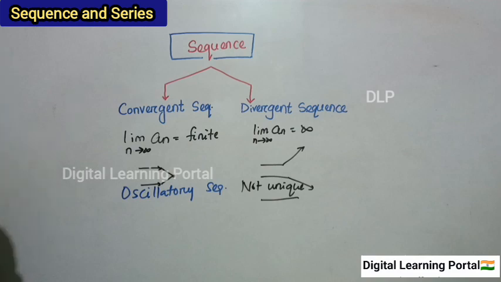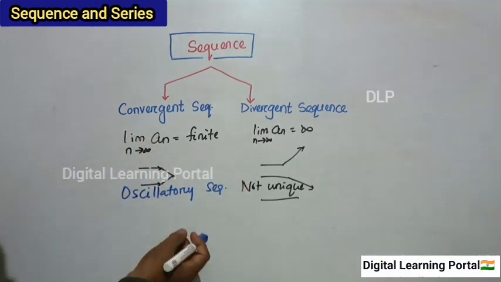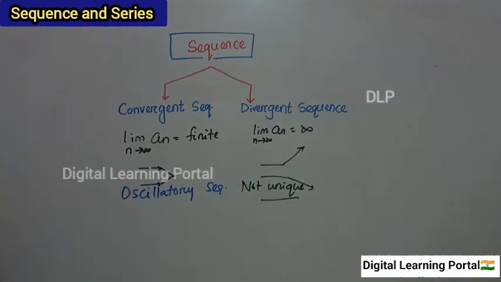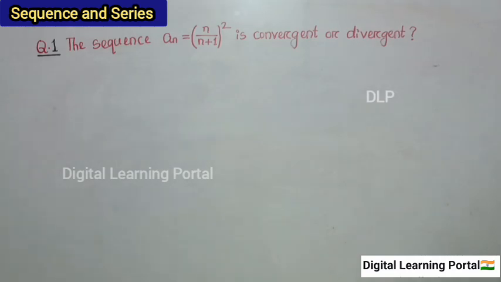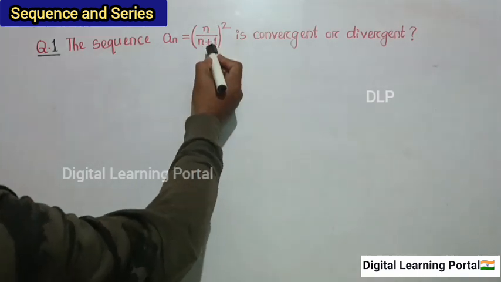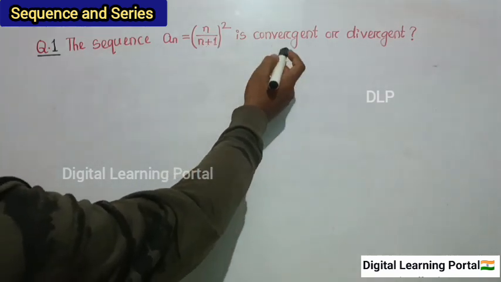So let's have some examples to decide whether a sequence is convergent or divergent. Here is an example. We have to determine whether the sequence a_n = (n/(n+1))^2 is convergent or divergent.